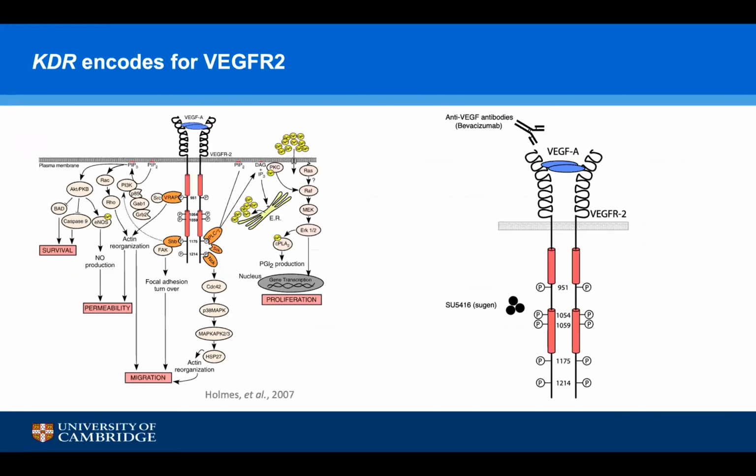So human KDR gene encodes VEGFR2 receptor, and VEGF is one of the most important angiogenic factors responsible for cell survival, permeability, migration, and proliferation. And disruption of VEGF signaling has an established role in PH.